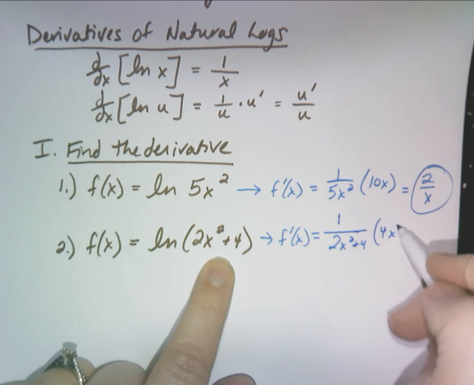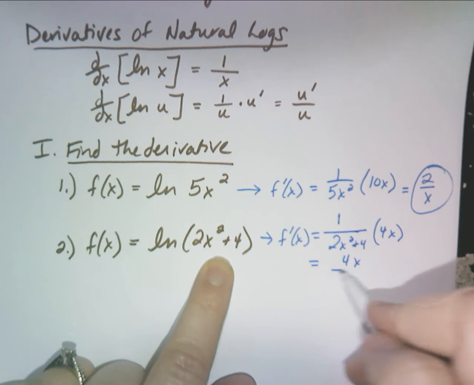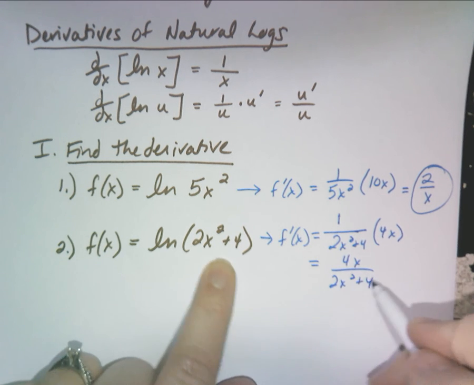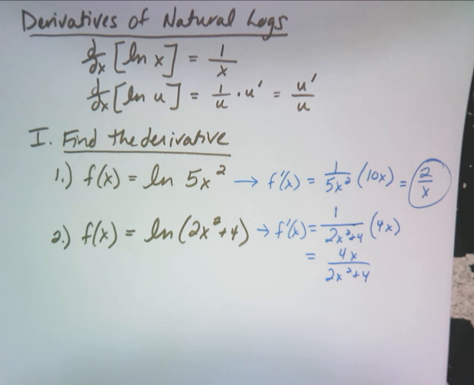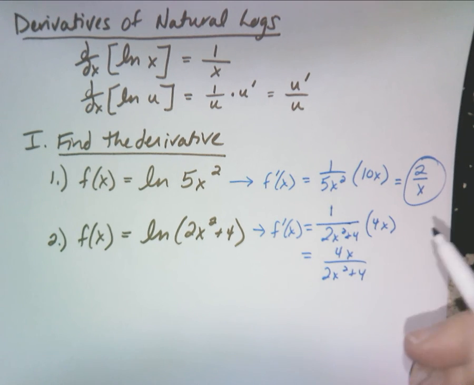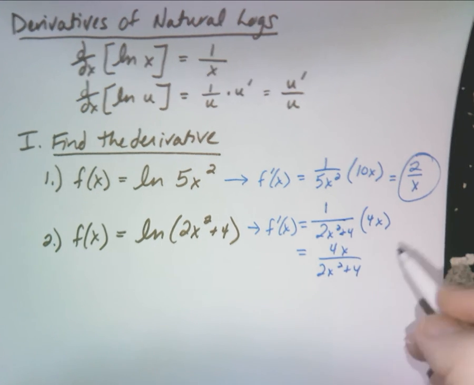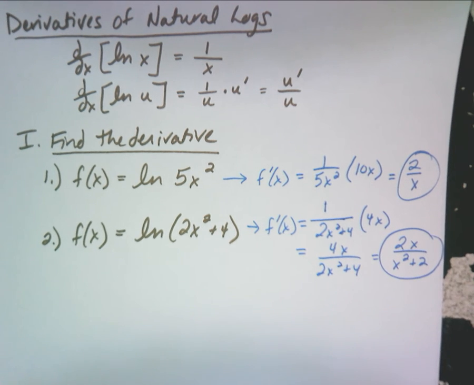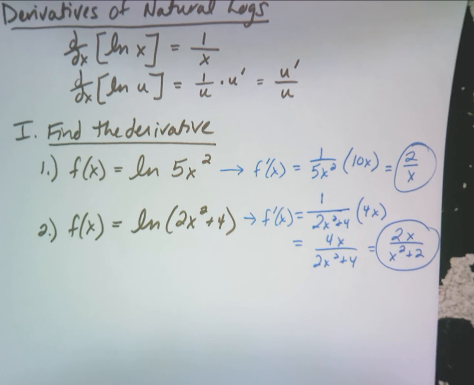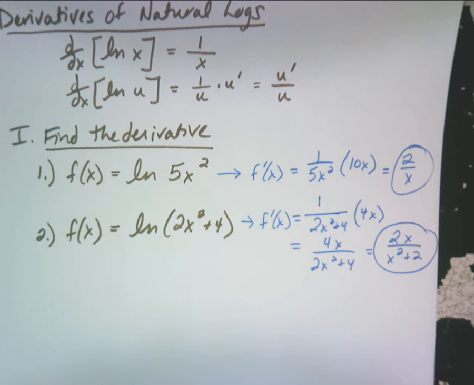So it would be 4x over 2x squared plus 4. Can you reduce that anymore? You can take a 2 out. Everything has a 2, so I can take out a 2. So the final answer would be 2x over x squared plus 2. Trick question. I know, you're all like, no. The x's, yeah.